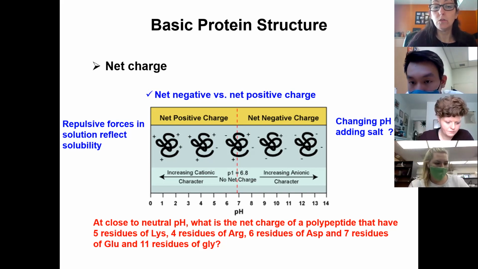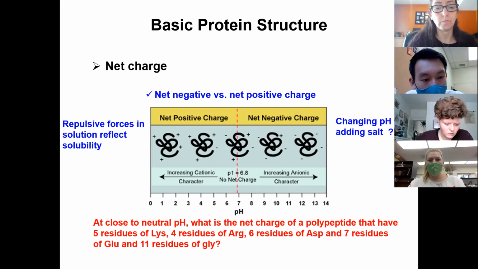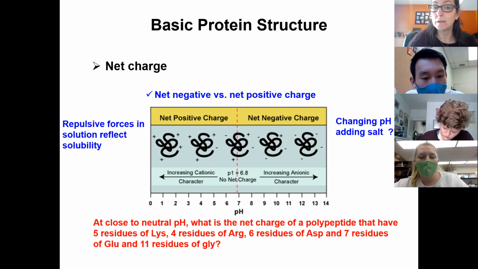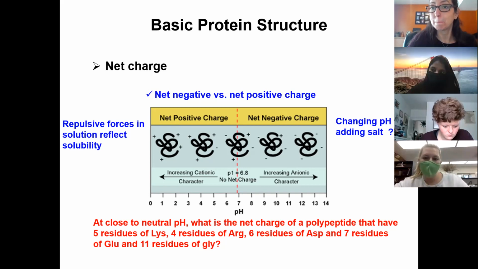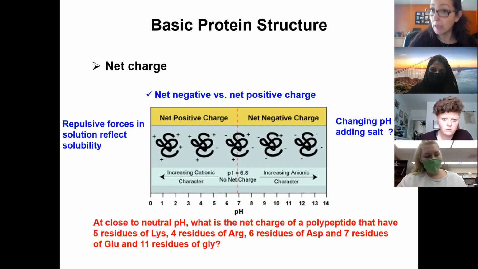At around neutral, what do you think the charge of lysine is? Is lysine a basic or acidic amino acid? Basic. So close to neutral, is it going to carry a positive or a negative charge? Positive. Yes. All right, so lysine.